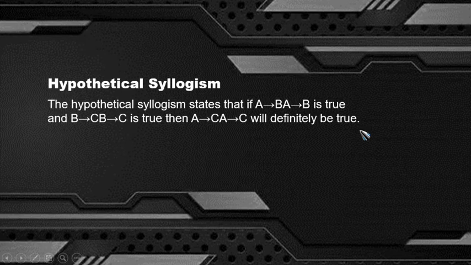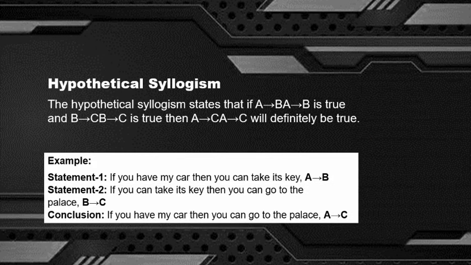So diri mag taas-taas na siya nga sequence. In statement 1, if you have my car, then you can take its key. In statement 2, if you can take its key, then you can go to the palace. So if you have my car, then you can go to the palace. So ang conclusion ani gi-connect ra niya tanan, pero ang result ani true.